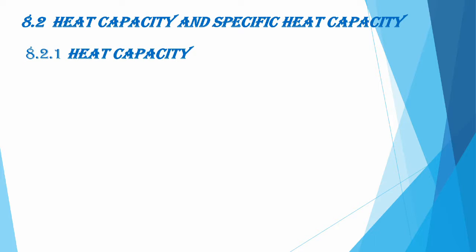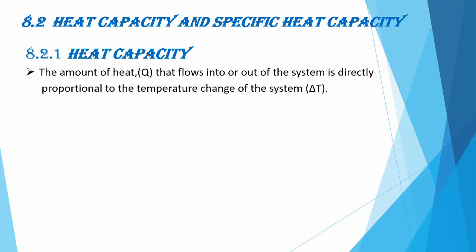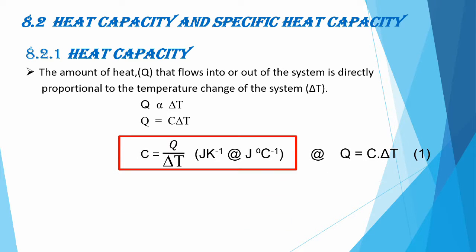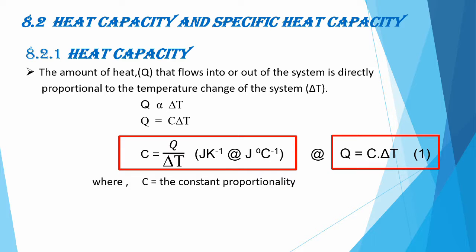Heat capacity and specific heat capacity. Heat capacity: the amount of heat, Q, that flows into or out of the system is directly proportional to the temperature change of the system, delta T. Mathematically, Q is proportional to delta T, or Q equals C times delta T, or C equals Q over delta T, where C is the constant of proportionality, called the heat capacity of the substance.